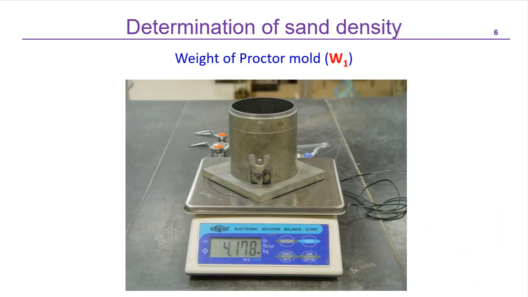The first step is to calibrate, to find out the unit weight of sand. So the first step is to place this mold and get the empty weight. If you focus here and observe, the empty weight is given. So we note down this weight.